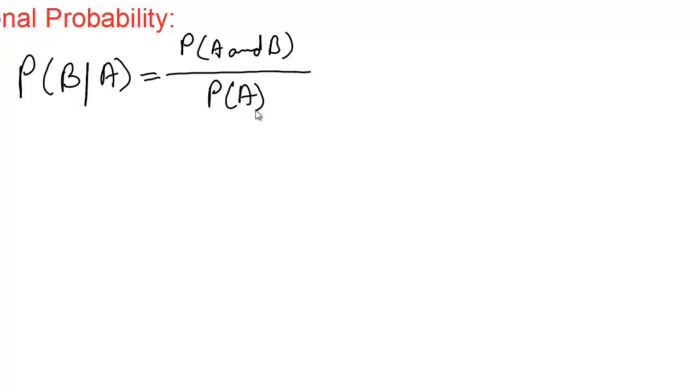And that's just another way of rewriting it. It's the same equation that we started with earlier, where we were looking at the probability of A and B happening. We just solved it for the probability of B given that A has already occurred.